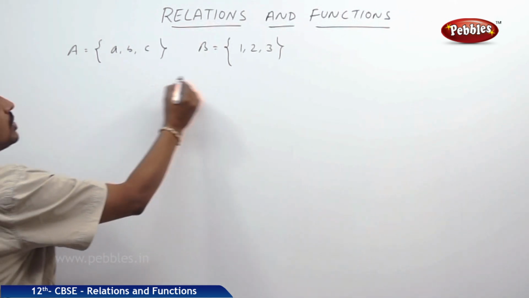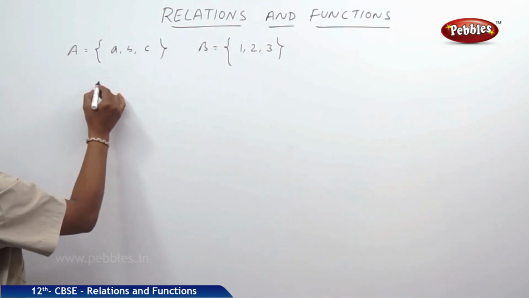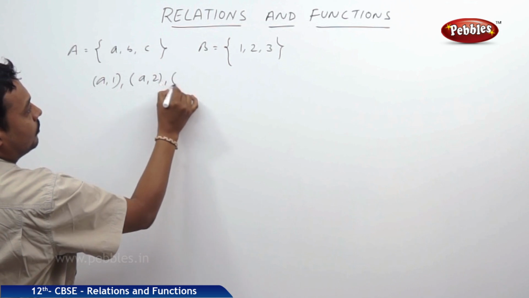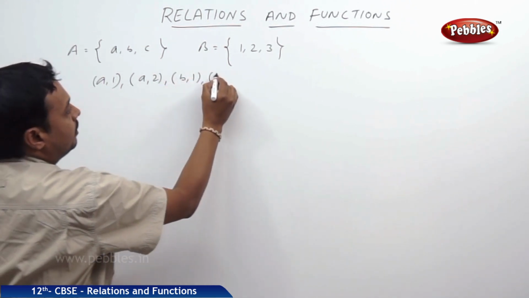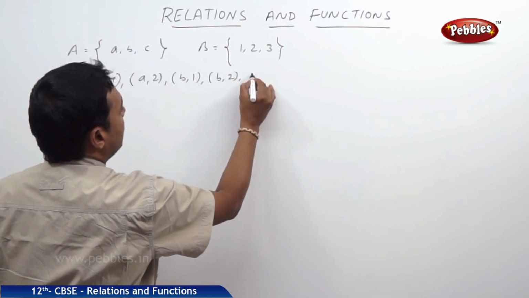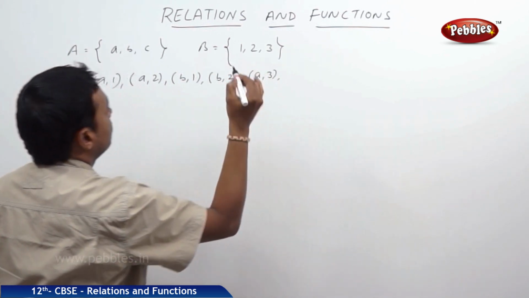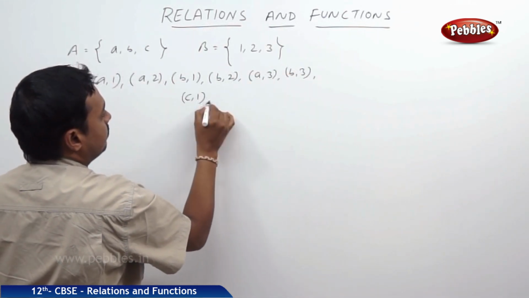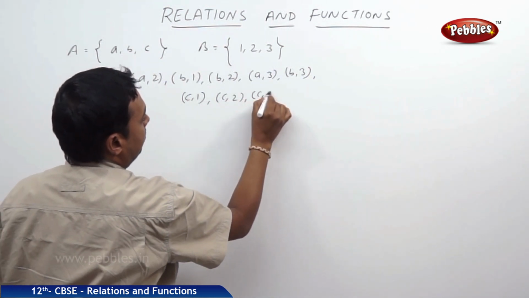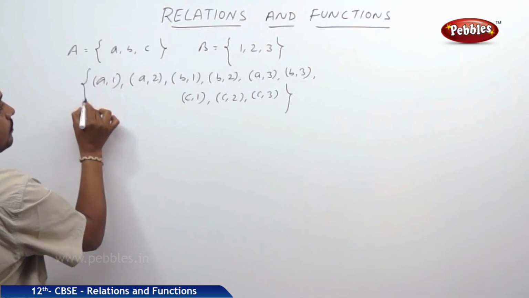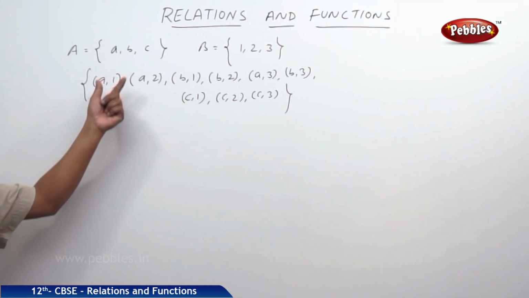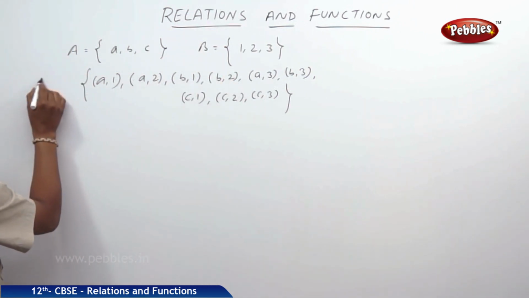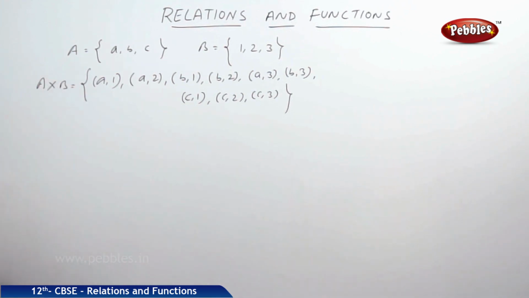Now we can make the possible ordered pairs from these two sets: (a, 1), (a, 2), (b, 1), (b, 2), (a, 3), of course (b, 3), and (c, 1), (c, 2), (c, 3). Now these are the possible ordered pairs defined from A to B. Hence, this set is known as the Cartesian product A cross B. Now this is one example.